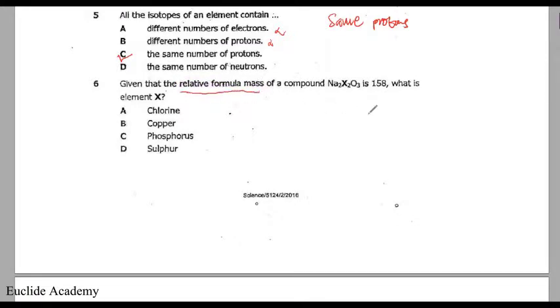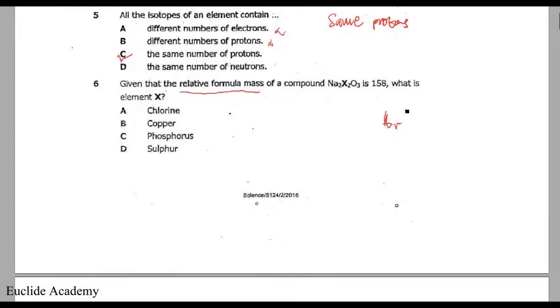The relative formula mass is the total relative atomic mass of all atoms in a formula. So if you have an ionic compound, the relative atomic mass of all atoms in the ionic compound is what we call the relative formula mass.